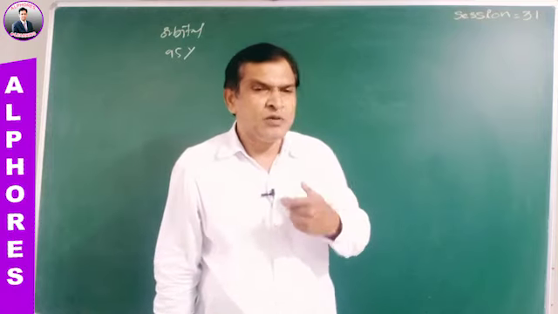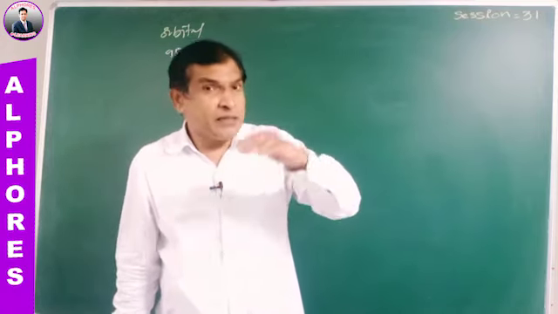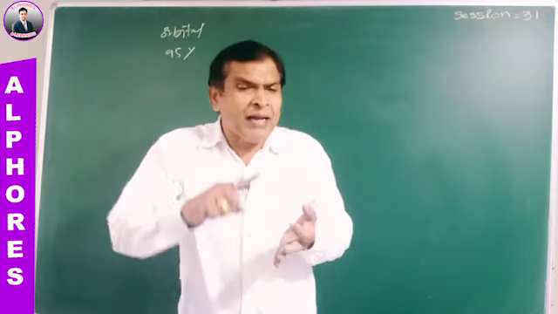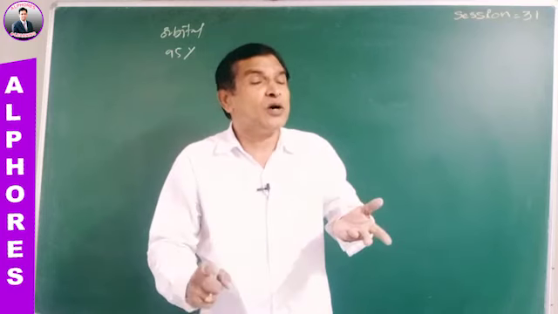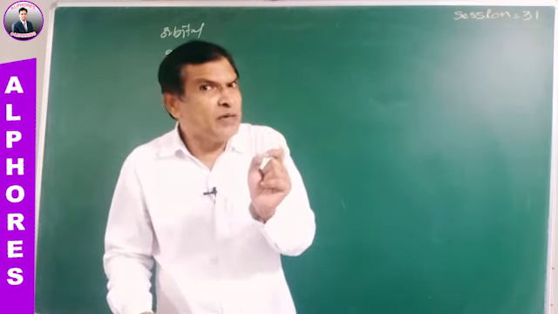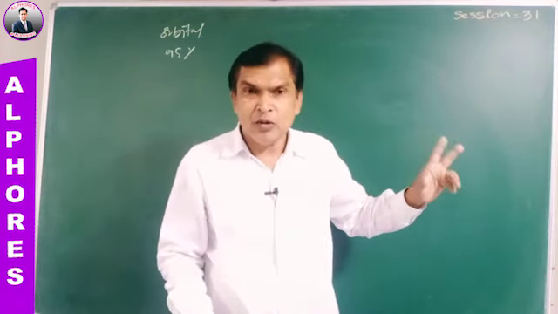You got my question? Once again, the radii of maximum probability for 3s, 3p and 3d electrons are in the order. Okay, that is the question.